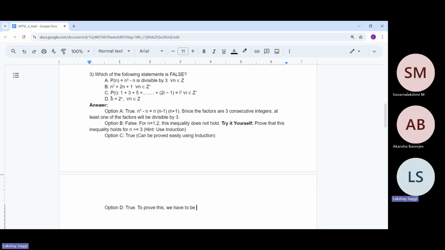We have to be a bit smart while applying induction, as n is now unbounded on both ends.